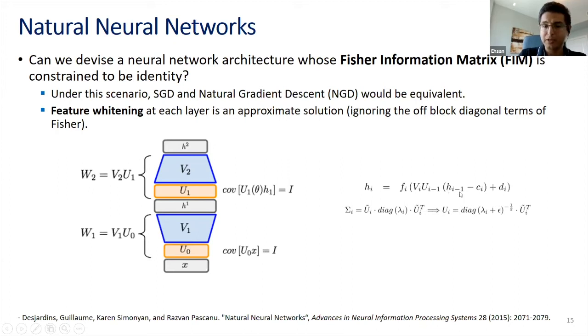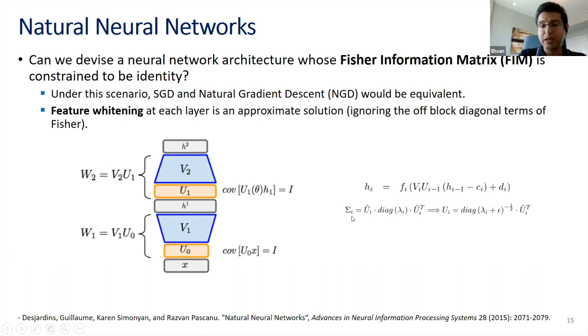And as you can see here, by multiplying by Ui and then Vi, and they're also using a function f, a nonlinearity function, that is our activation. So this equation shows the relationship between the features of subsequent layers.